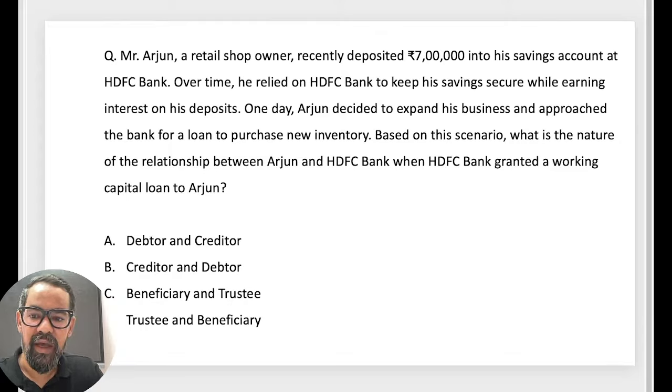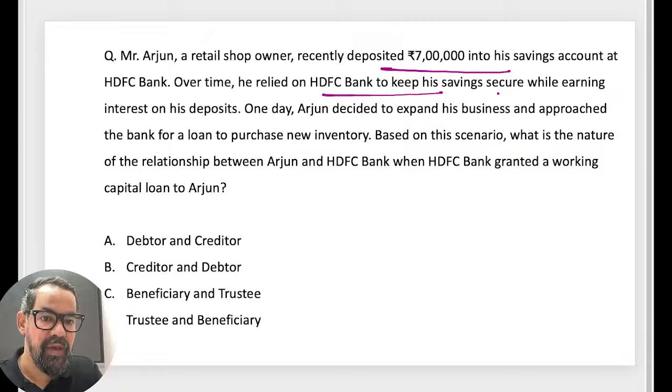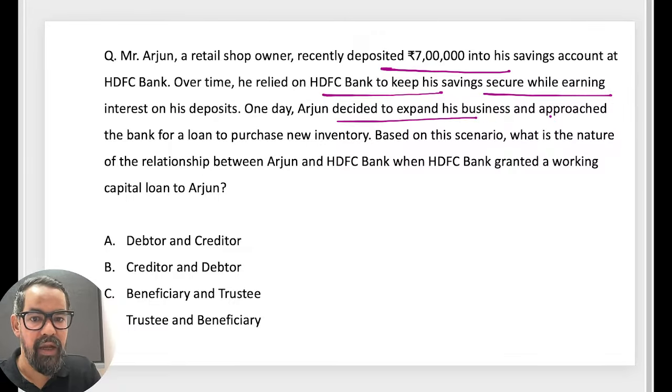Next question. Please quickly go through the question. Mr. Arjun recently deposited 7 lakh into his savings account at SDFC Bank. Over time, he relied on SDFC Bank to keep his savings secure while earning interest on it. Arjun decided to expand his business and approached the bank for a loan to purchase new inventory.